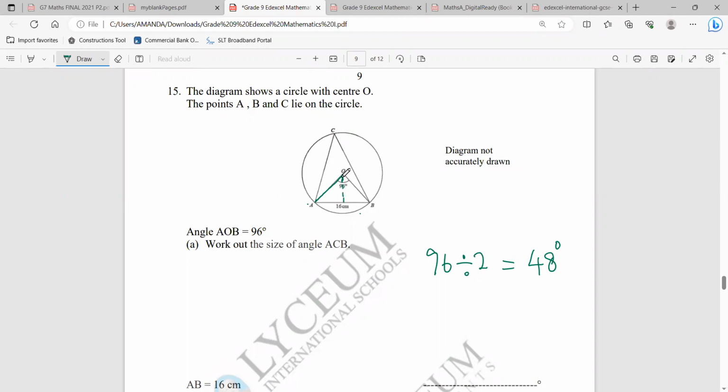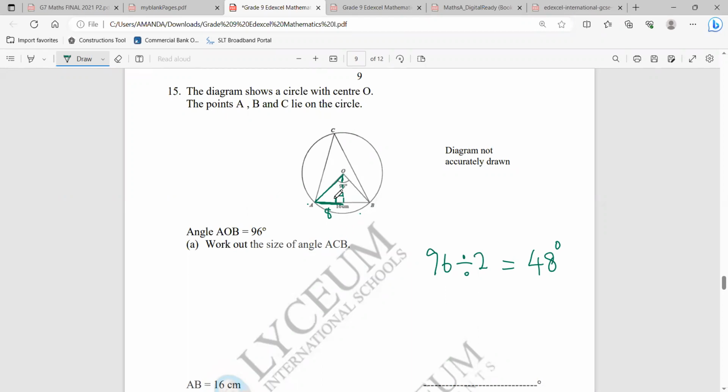Now, if I draw a perpendicular to AB, AB divides in half. So this part here is 8 because AB is 16. So this is 8, right? And this is a right angle triangle.